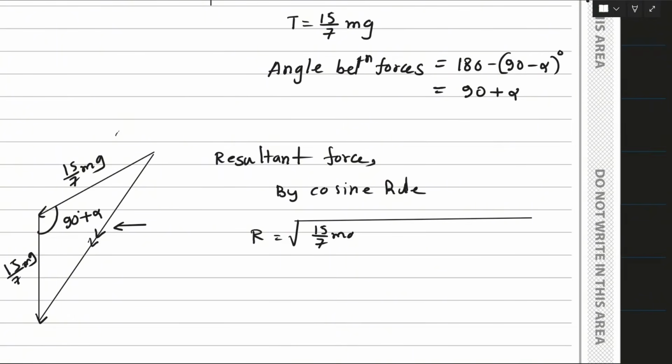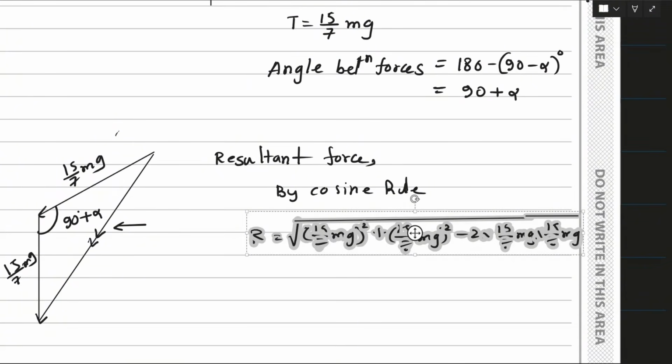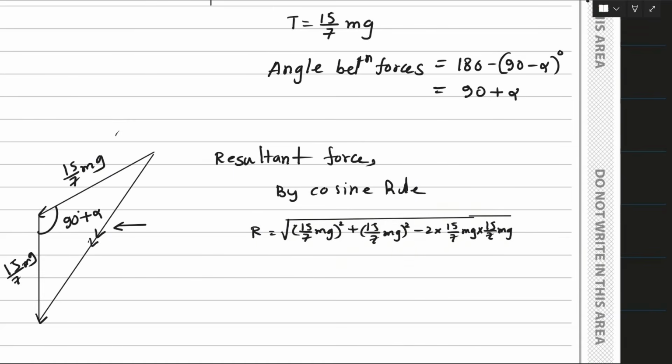So (15/7 mg) whole square plus (15/7 mg) whole square minus 2 into 15/7 into 15/7 mg into cos of, sorry, into cos of 90 plus alpha.